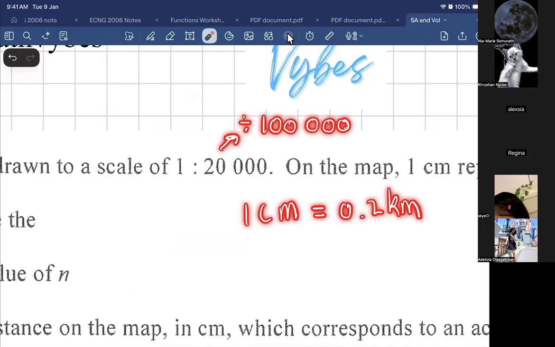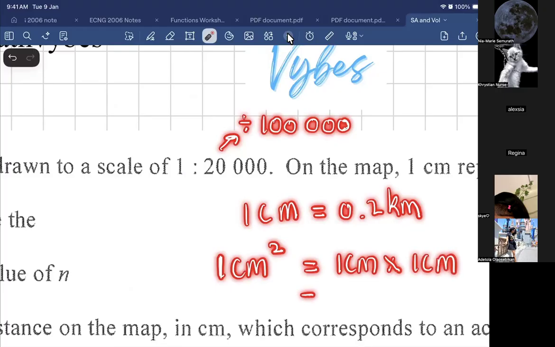So you understand up to this part, right? Yes, sir. Right. Now, in terms of area, let me say you wanted to figure out how much 1 centimeter squared would be in real life. 1 centimeter squared really means 1 centimeter multiplied by 1 centimeter.